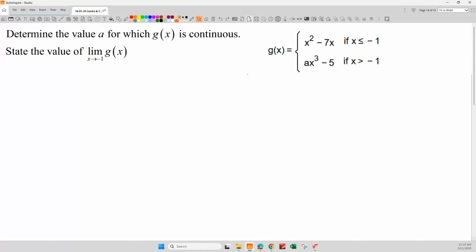For this to be continuous at -1, that's the only place where it wouldn't be continuous. On the top I've got a polynomial, on the bottom I've got a polynomial. They're fine everywhere. The only place this might not be continuous would be at -1. Well, we get to choose the value of a to make it continuous. So the limit from the left has to equal the limit from the right. Okay, so let's take a look at that.